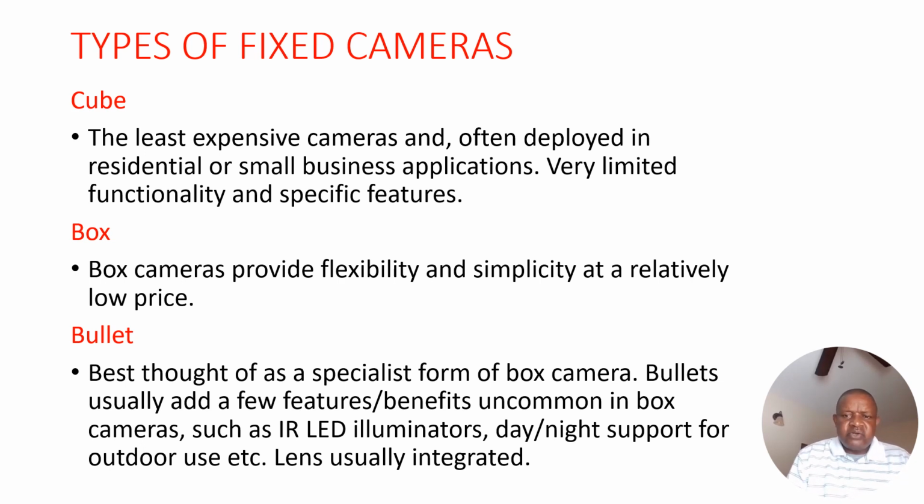In the majority of locations now, you'll find bullet cameras. Cube cameras, box cameras are not. These are some of the most traditional analog type cameras. But bullet cameras are in most locations now; in hotels in Nairobi, you go to Serena, you go to Tribe Hotel, you will find bullet type of cameras.